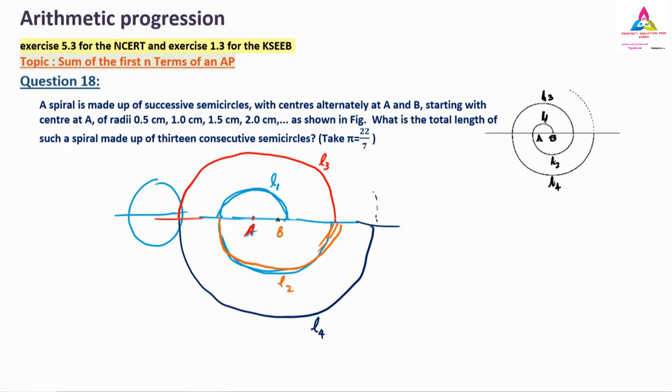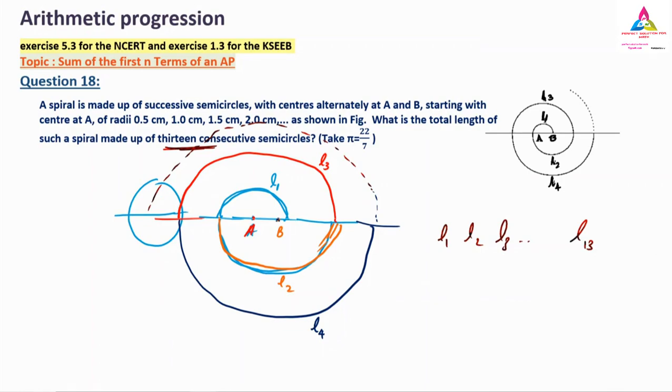Like this it will continue further. Till how much will this spiral continue? It will continue till 13 consecutive semicircles. That means we have L1, L2, L3, and so on up to L13.